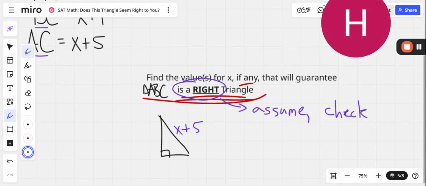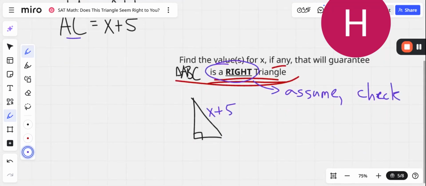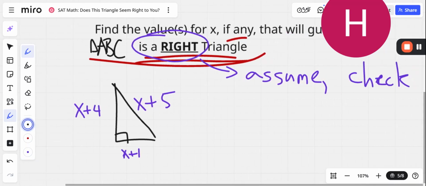So we're going to assume, then check. If we assume that this is a right triangle, x plus 5 must be the hypotenuse length. Then we can label the other two sides however you want. If you want to call this one x plus 1, that's fine, and this would be x plus 4. Now we need to find the values for x that would make this true.